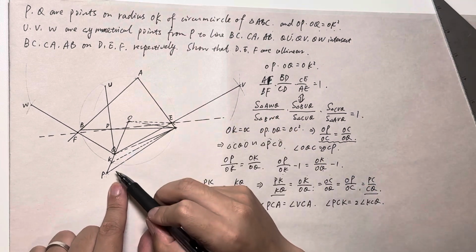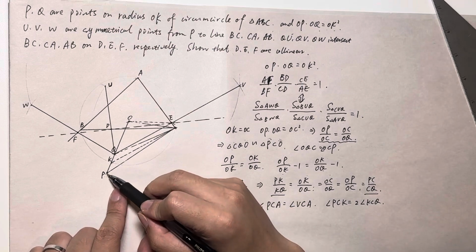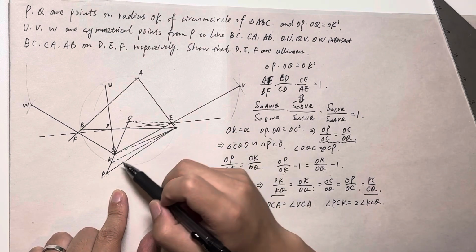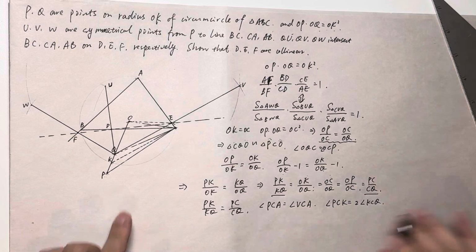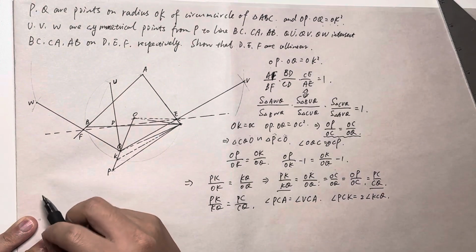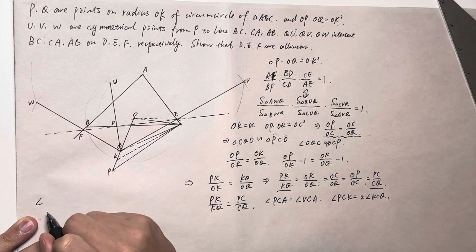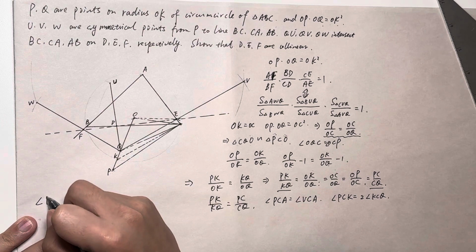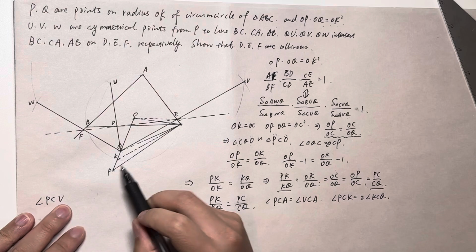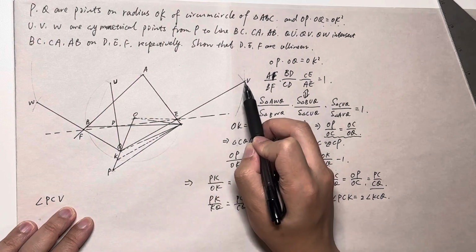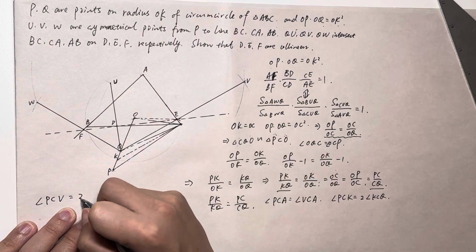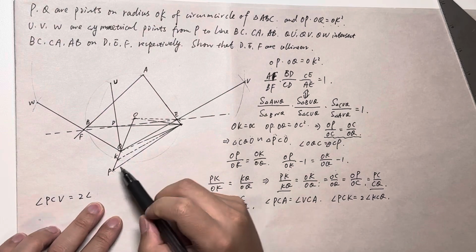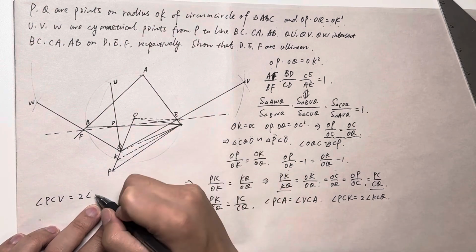So if we want to find angle KCA, let's write it here. Angle PCV equals twice angle PCA.